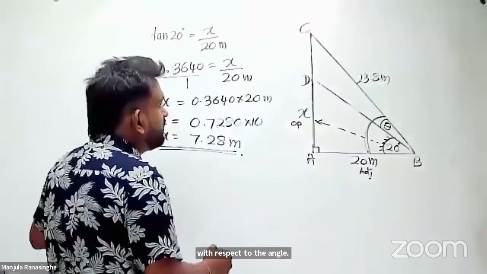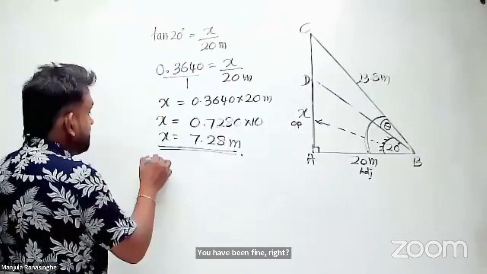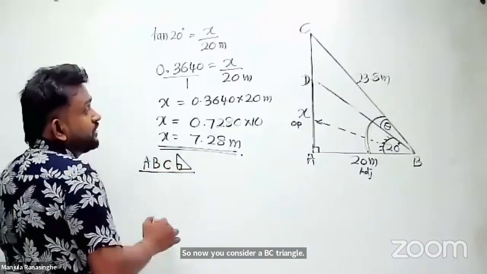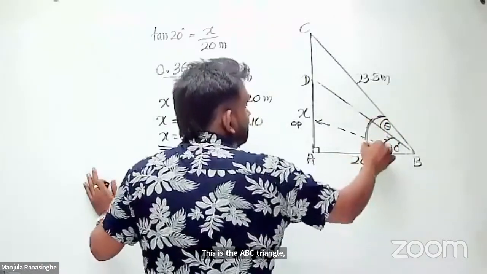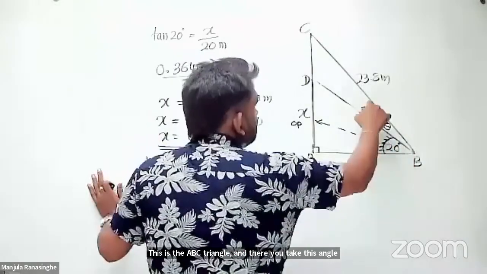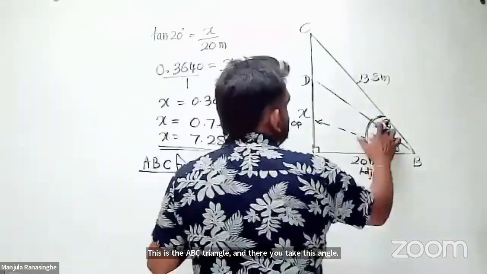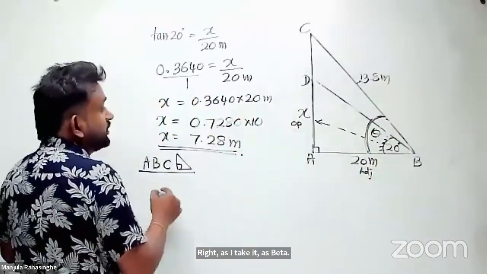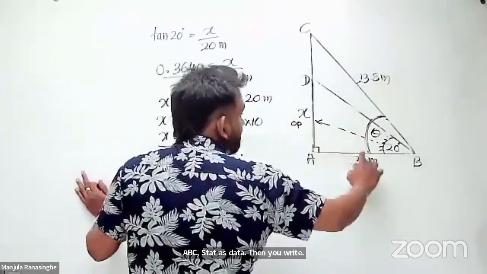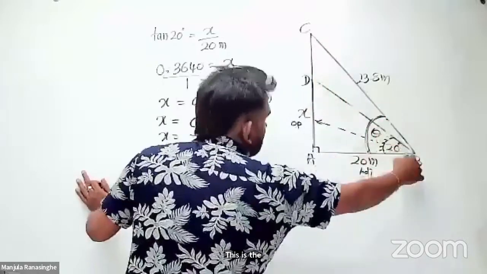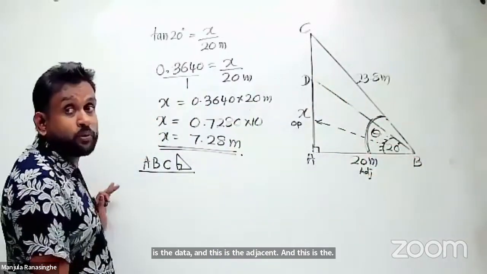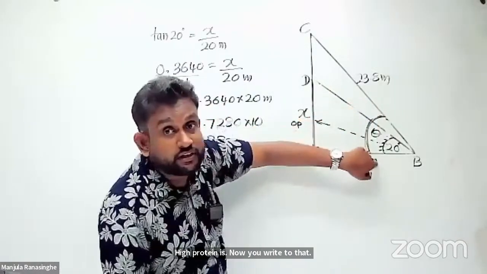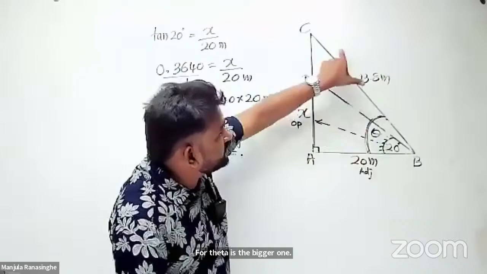Consider triangle ABC and take the angle ABC as theta. This is the adjacent side and this is the hypotenuse.